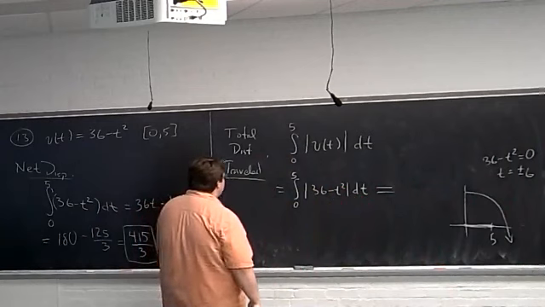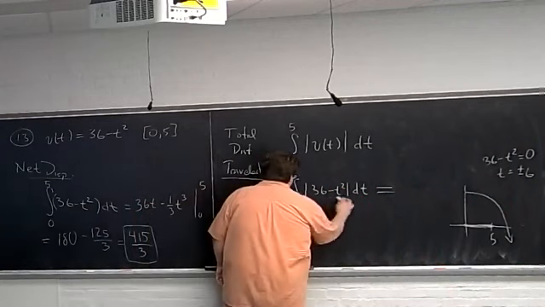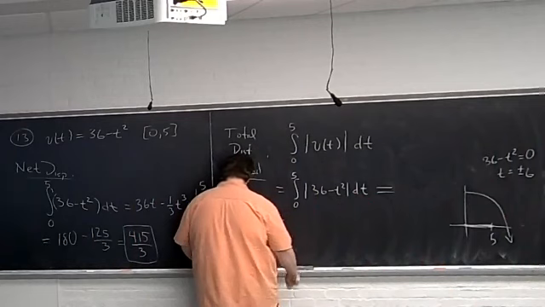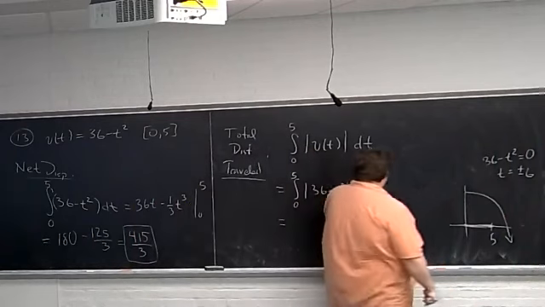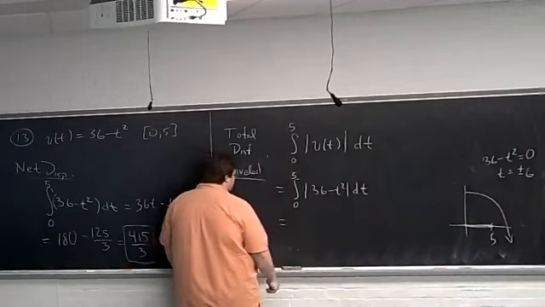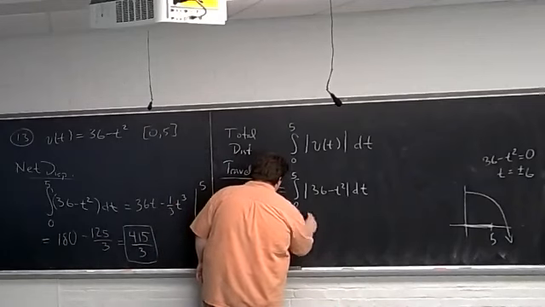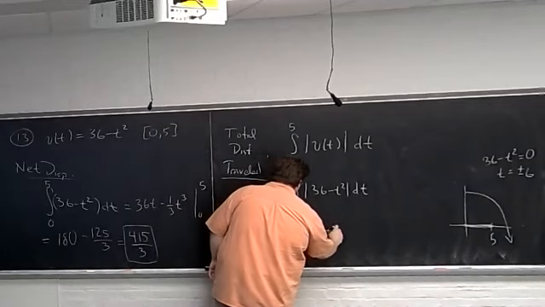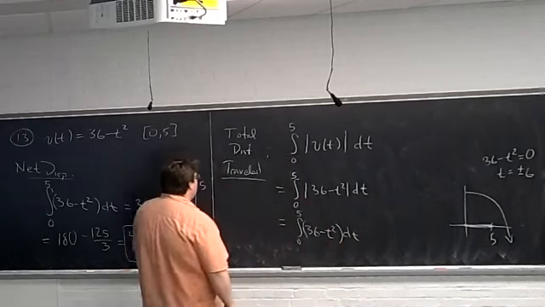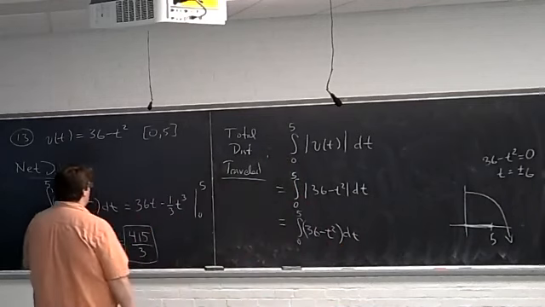So all we need to do is figure out if this piece is positive or negative on this interval. In this case, it's positive. You can let t equal 1, for example. 36 minus 1 squared is positive.